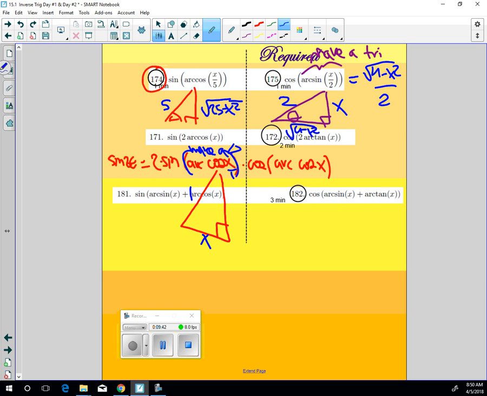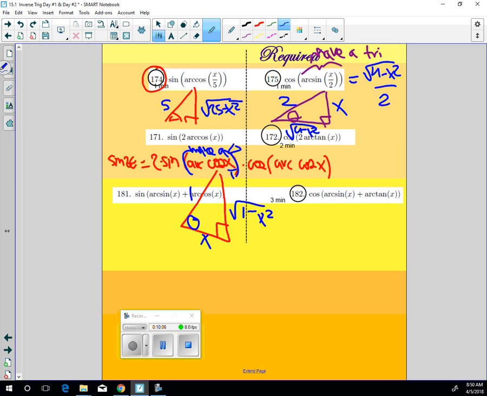This side's going to be the square root of what? What do you think, Jacob? What will this side be, if this is 1 and this is x? Masha will help you. Use Pythagorean theorem. 1 minus what? Excellent. So therefore, you have your triangle.